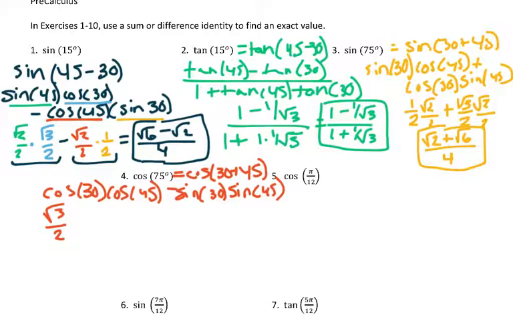Cosine of 45 is going to be square root of 2 over 2. And to that we'll be subtracting sine of 30, which was a half, and sine of 45, which was square root of 2 over 2. Combine all those pieces together, we get square root of 6 over 4 minus square root of 2 over 4.